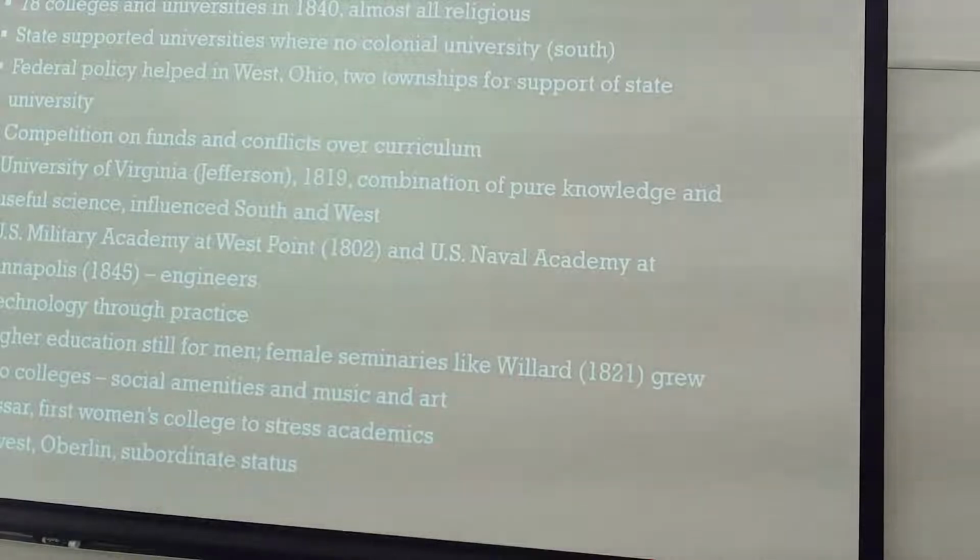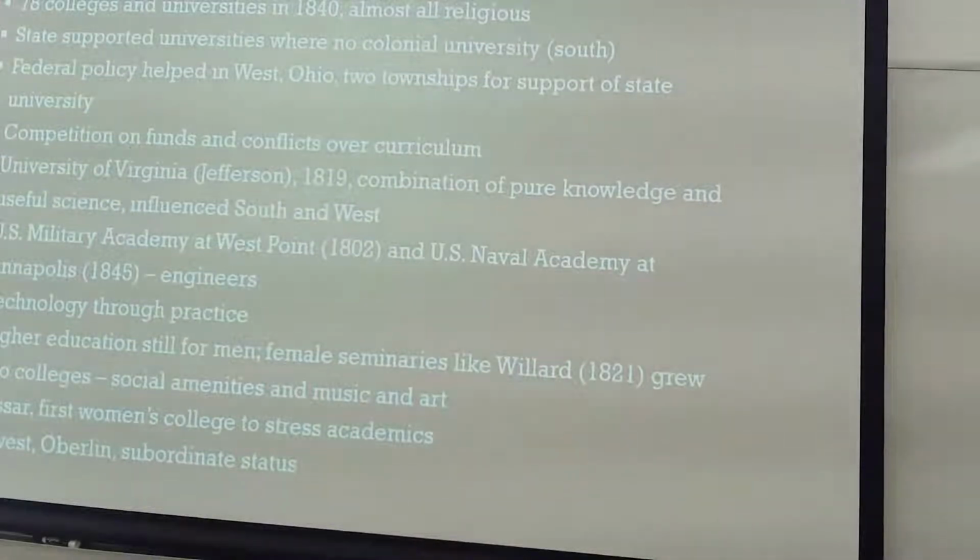Rather than teaching pure science and useful knowledge, they stress social amenities and music and art so that you can be a well-rounded housewife, useful in society, but not making any money.